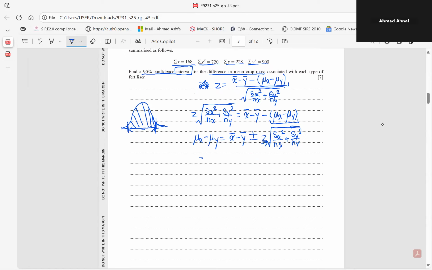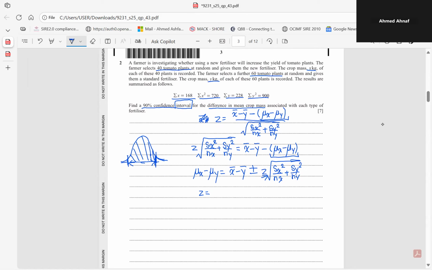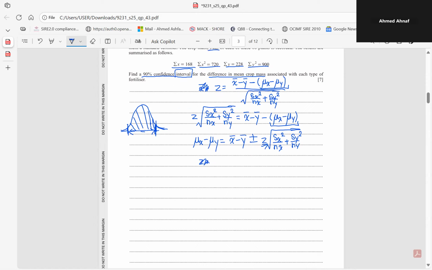To find out Z, you first have to take 90% and plug it into this formula, and you should solve for alpha over 2, because as you can see, it's a two-tail test. So 90 divided by 100 plus 1, divided by 2, you get 0.95. So the significance level of Z is 5%, and our p-value is 0.95.